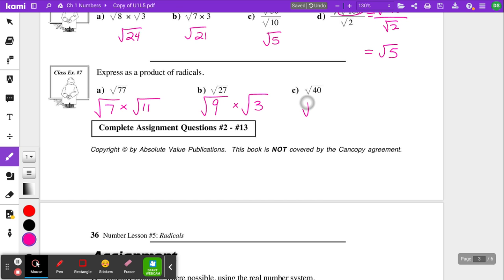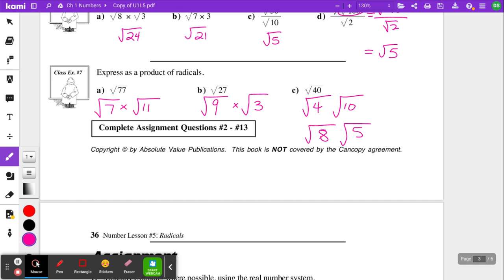Okay, 40, what do you want to do? 4 and 10, put the 4 first. Any other options for 40? 8 and 5, neither one of those has a perfect square, so I don't care where you put it. Yeah, so there's a couple options.